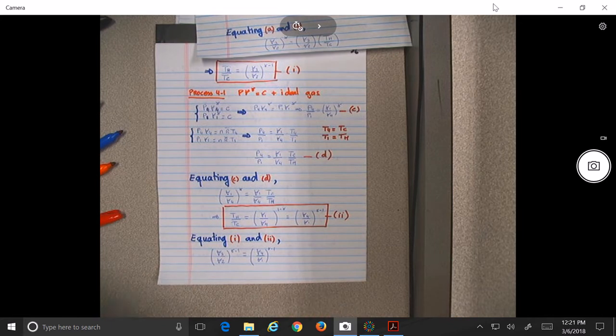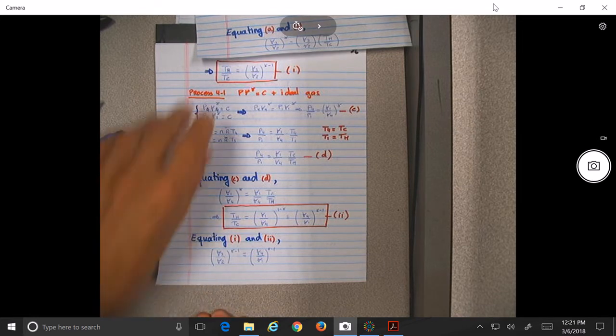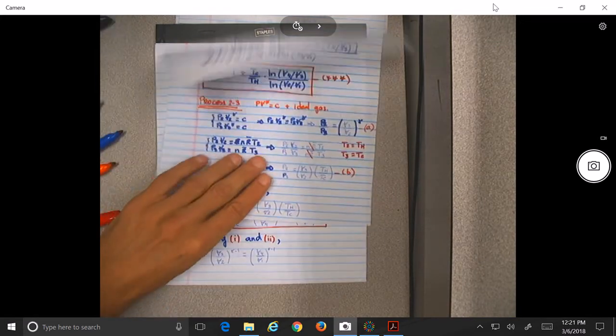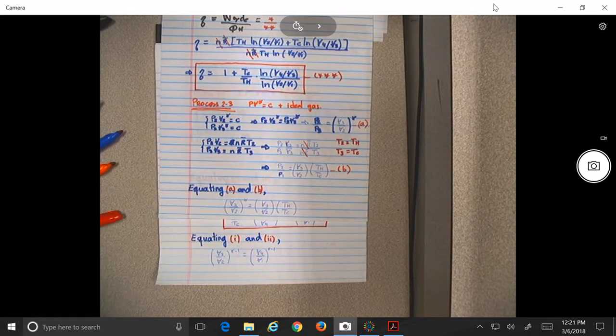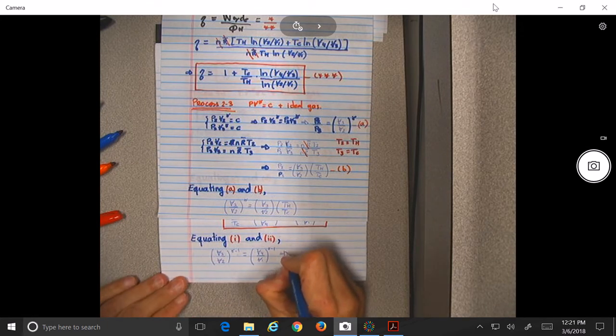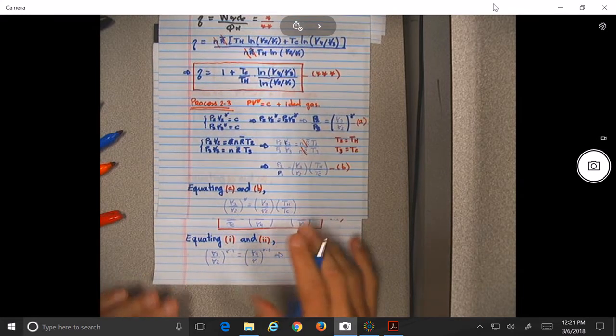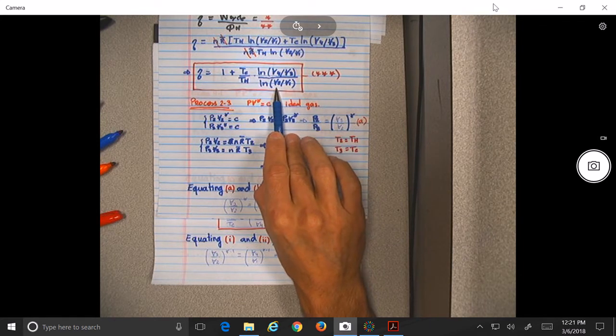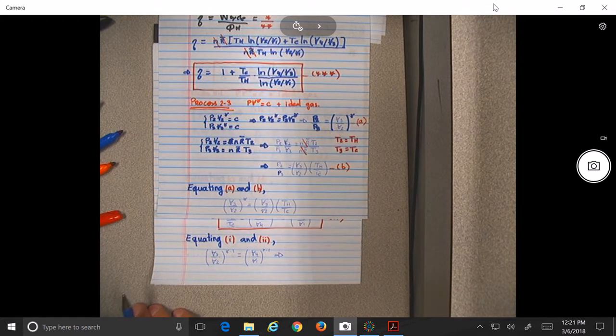So let me see, why do we need all this stuff for? That's a good question, huh? Basically, why do we do all this stuff? It's because here we have the ratio V3 over V4, and here we have the ratio V2 over V1, no? Yeah?